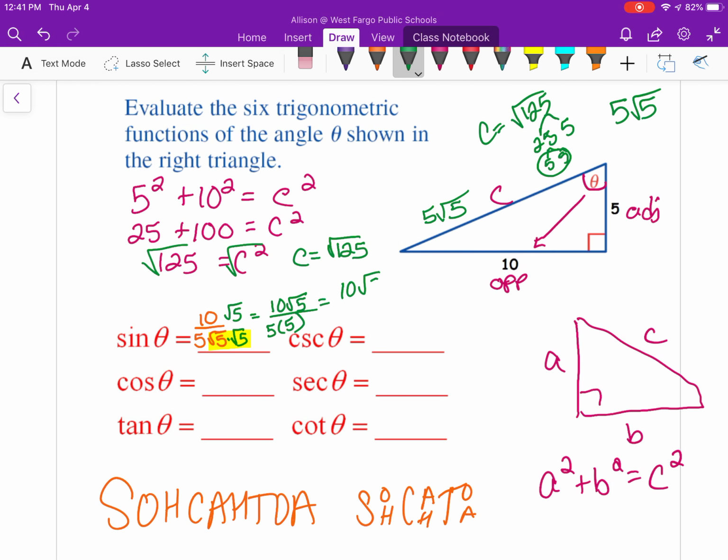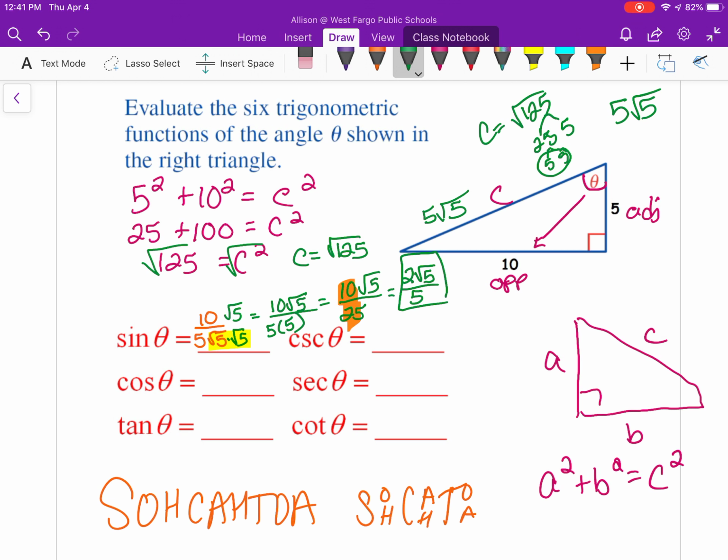I'm going to have 10 square roots of 5 over 25. And then 10 over 25 as a fraction reduces. I can divide both of those by 5. So it's going to be 2 square roots of 5 over 5. That's going to be my sine of theta.